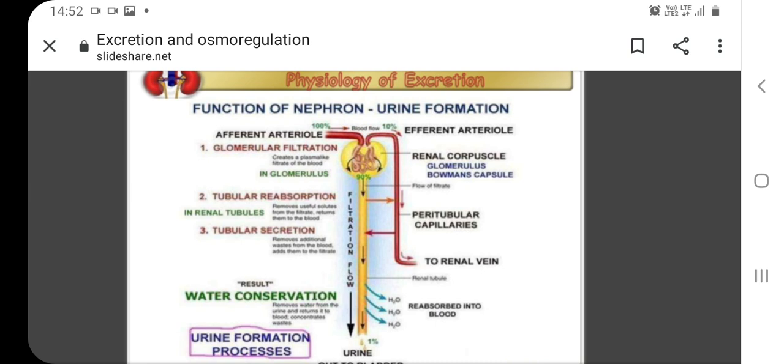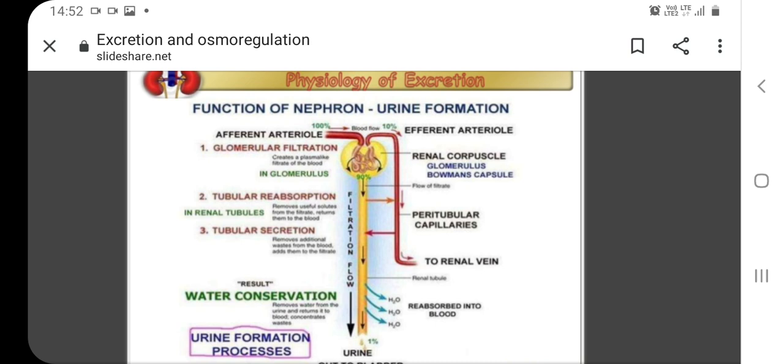Then the third step is that additional solute and waste are secreted into the kidney tubules during tubular secretion, which is the opposite process to tubular reabsorption.